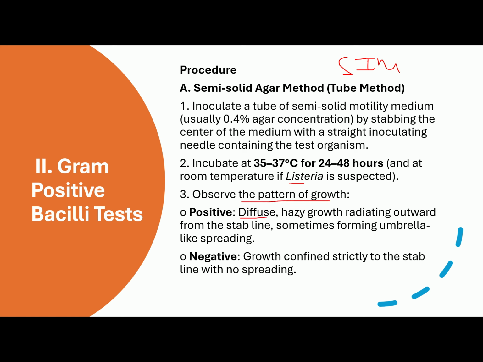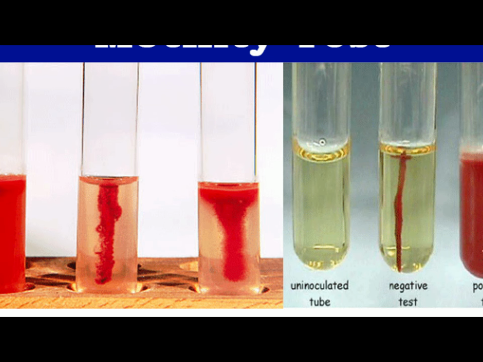If there is diffuse, hazy growth radiating outward from the stab line, forming an umbrella-like spread, this is most likely a positive result. But if growth is confined strictly to the stab line with no spreading, it is negative. So you would stab the media at the center.